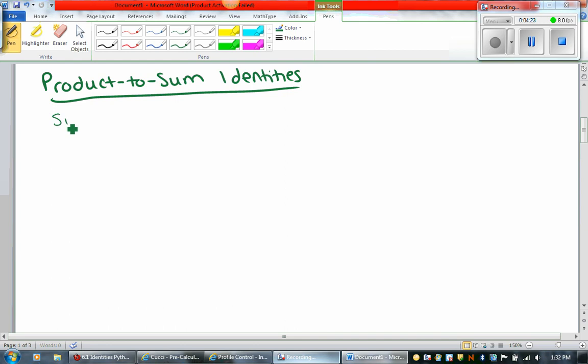Okay, so what those are is we're taking a product, like sine x times sine y, and it's going to equal a sum. So 1/2 times cosine of x minus y minus cosine of x plus y.